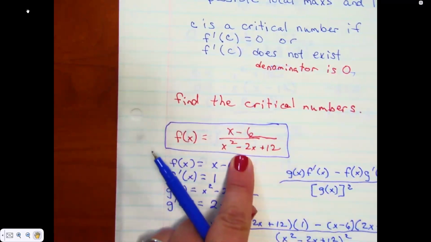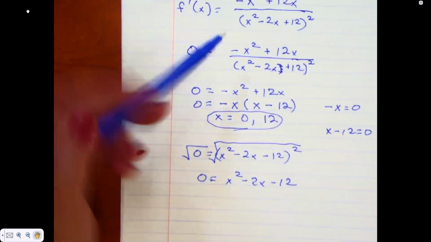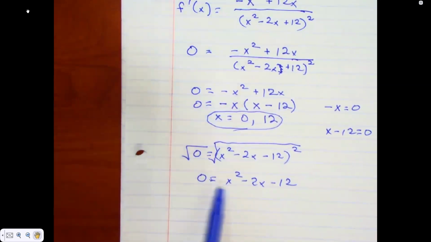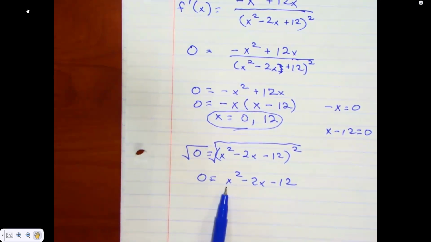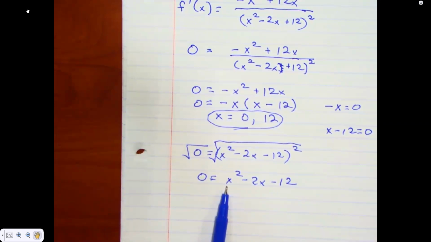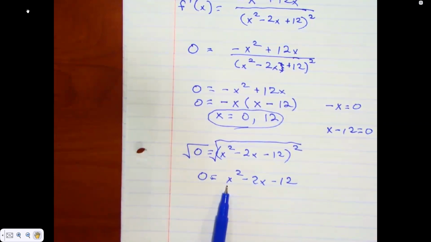That means that 7 is not in the domain. What would happen if I go here when I'm doing my derivative and I set the bottom equal to 0? What answer am I going to get here? I would get the answer of 7 again. But if 7's not in the domain, I can't put it in my list of critical numbers.